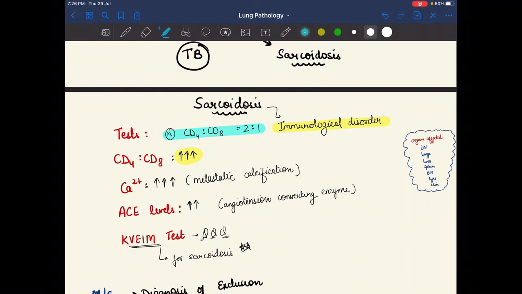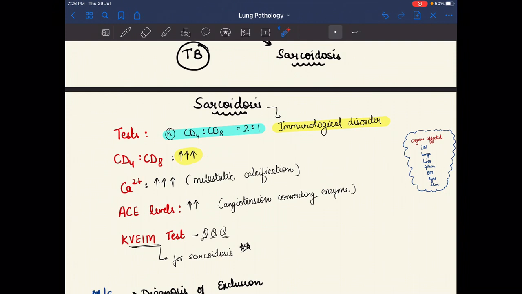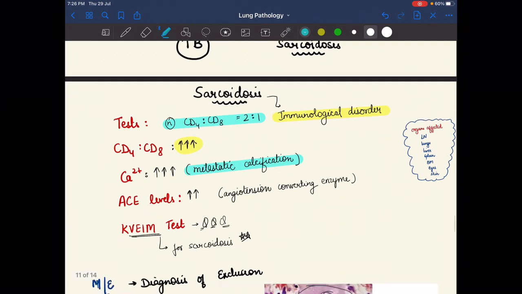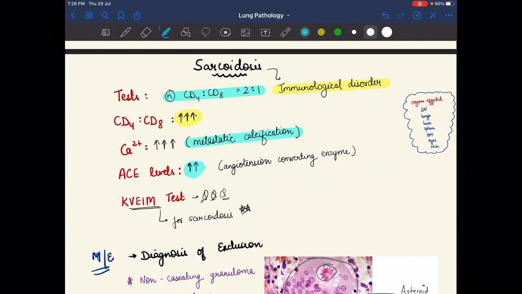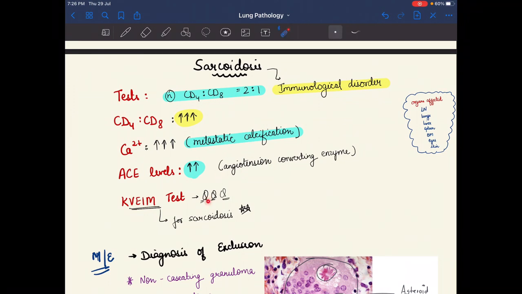In sarcoidosis we see metastatic calcification, which means the calcium level is increasing, and there is also an increase in ACE, angiotensin converting enzyme.